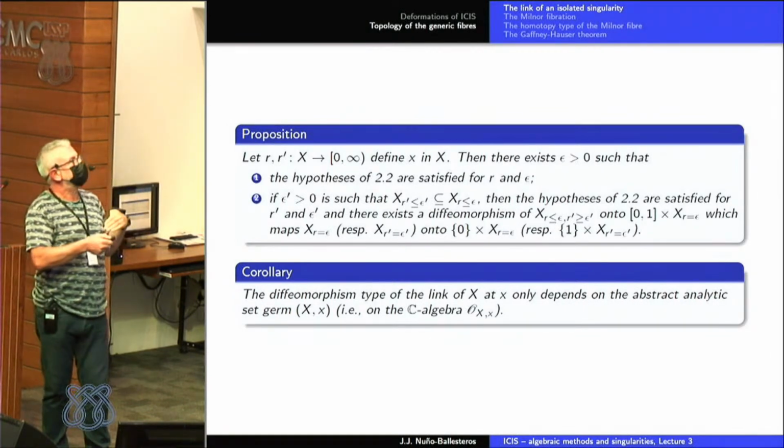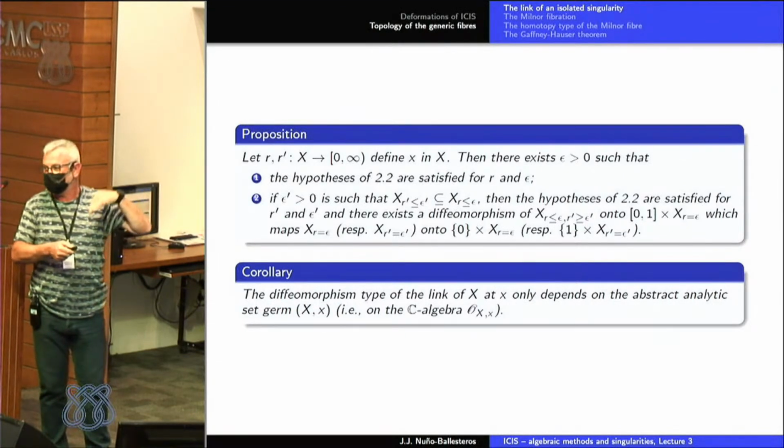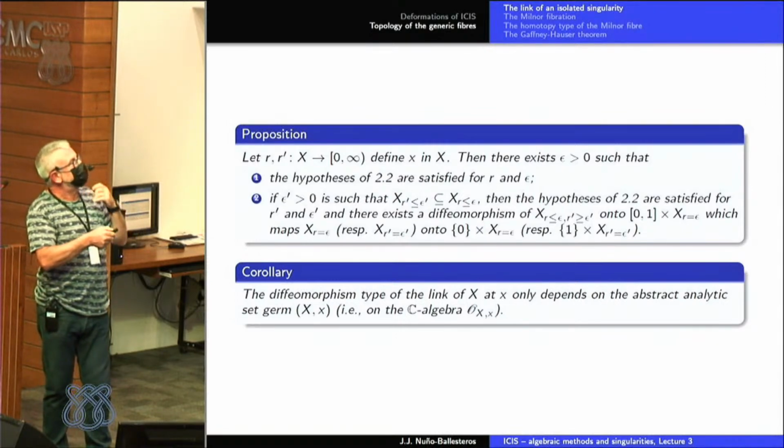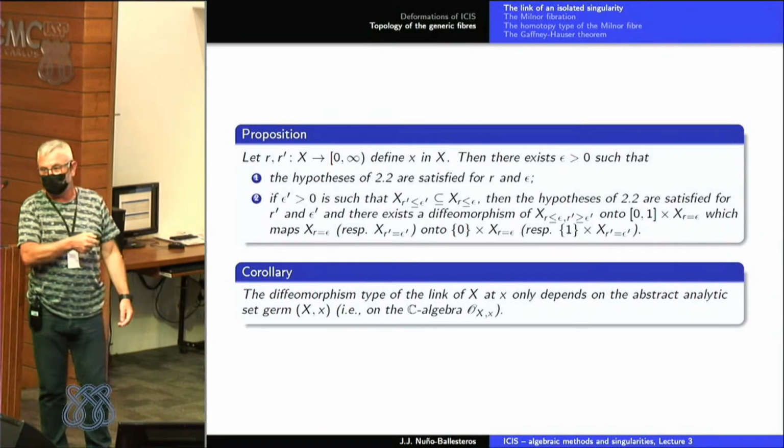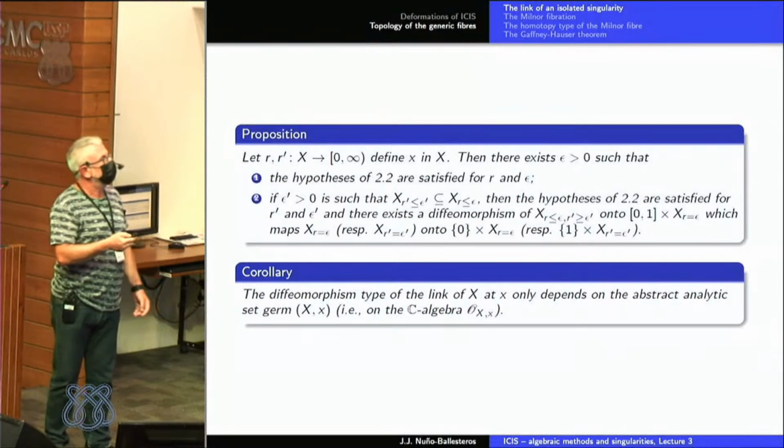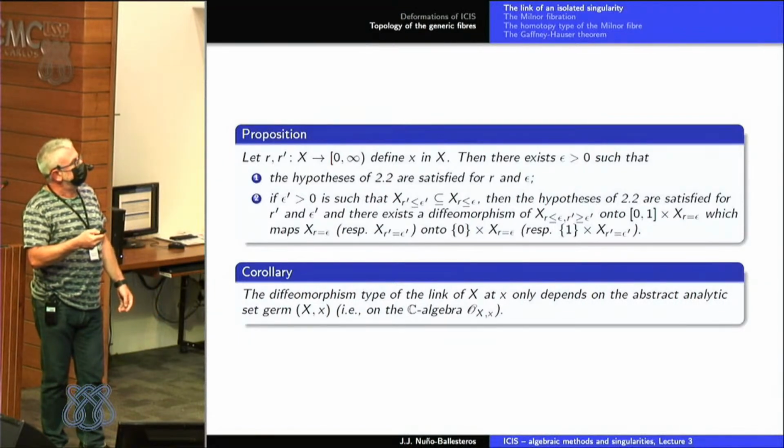And then this gives easily that the two links are equivalent. Okay? And then because of the proposition, this link is independent of the choice of the function r.